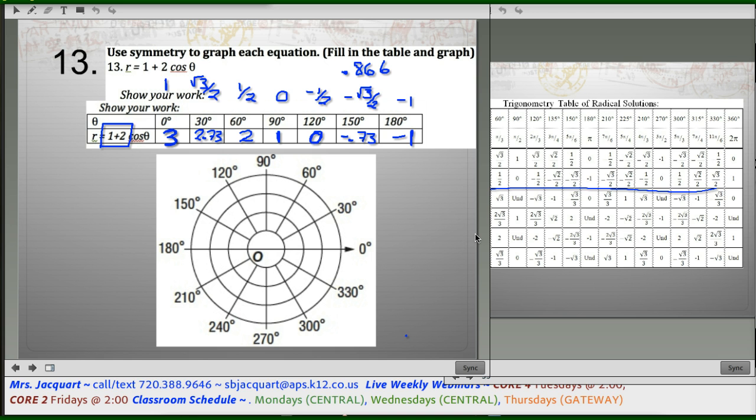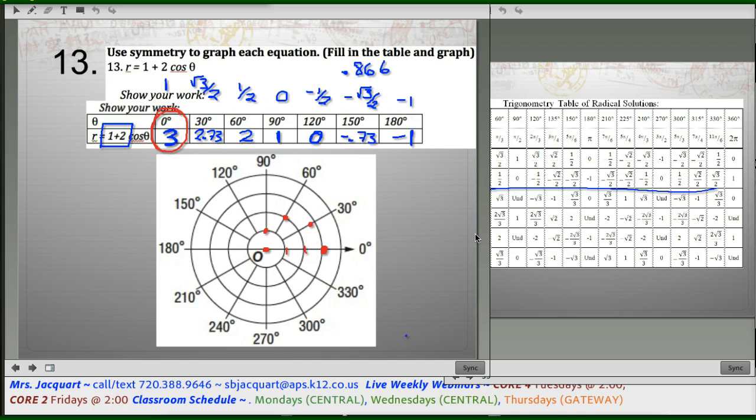So let's go ahead and plot our points. So these are our points. 0 degrees and 3. 1, 2, 3. 0 degrees, 30 degrees, and 2.7 something. And then this is 1 something. And 120 is 0. Oops, back up. 2, 1, 120 is 0.